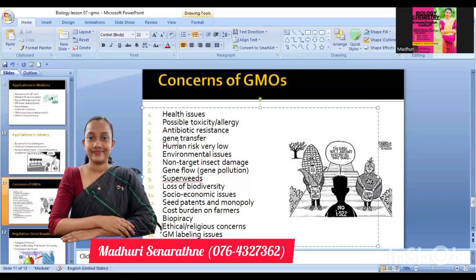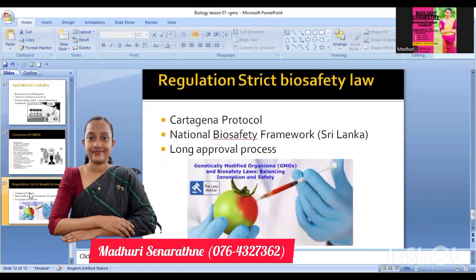What are the environmental issues? Gene flow, loss of biodiversity, and development of superweeds. As socio-economic issues, we can mention seed patents, high cost to farmers, and there are ethical concerns also, ownership of living organisms. So at the end, we can conclude like this.